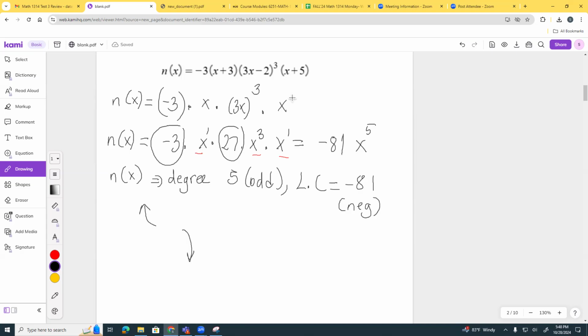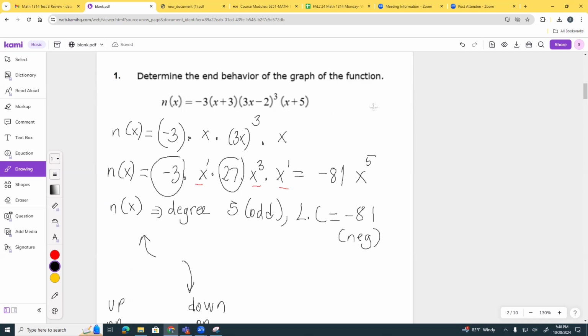So when I see a question like this, I will answer it's up on the left and it is low or down on the right. This will be the answer I will pick on the test for a question like this. And this is how we are going to do number 1 on the test.